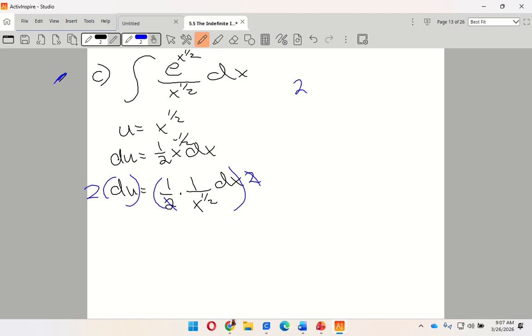So 2 times the integral, over here I'm replacing 1 over x to the 1/2 dx with 2 du. So 2, and then right here left with e to the u du.